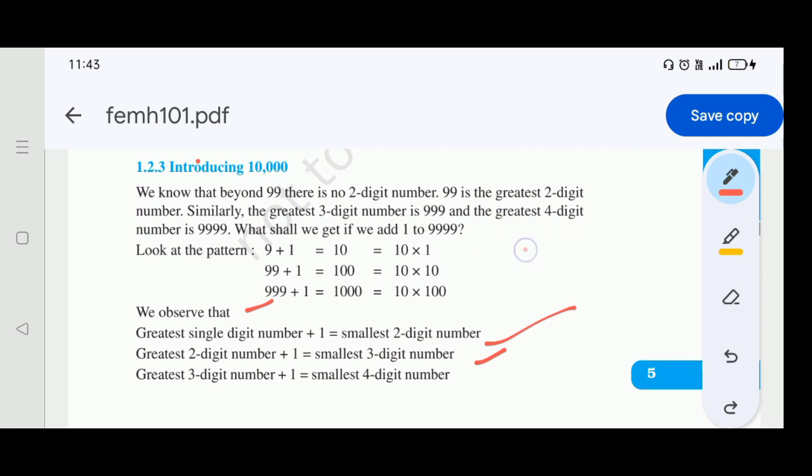We know that greatest single digit number is 9. So 9 plus 1 is 10, the smallest 2-digit number, and the greatest 2-digit number is 99. So we get 100, the smallest 3-digit number, when we add 99 and 1. Similarly, when we add 999 plus 1, we get 1000, which is the smallest 4-digit number.